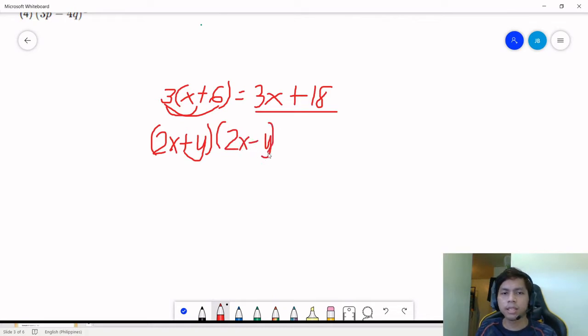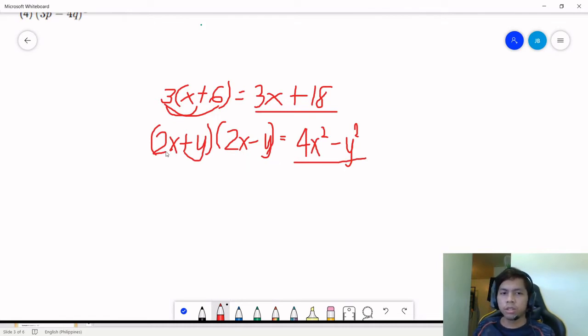So that is what we call the difference of two squares. If you see a problem like this, you just simply do 4x squared minus y squared. Or you can just simply do the FOIL method if you're not comfortable doing this shortcut.